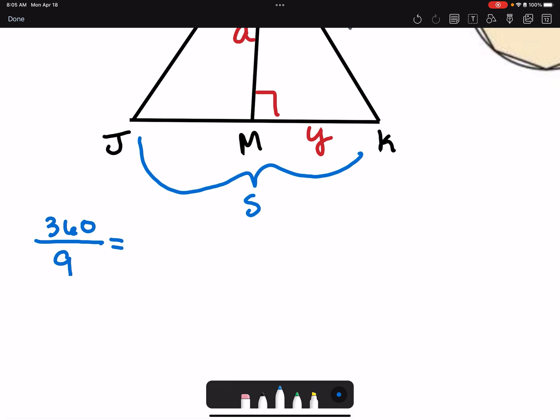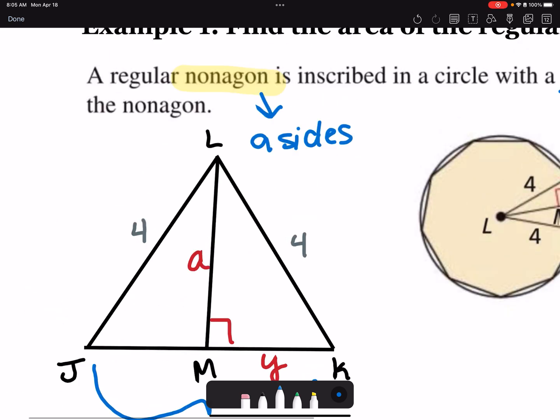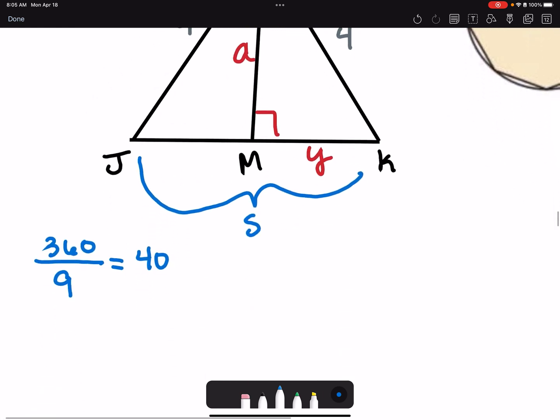These are all congruent central angles. And that gives me a total of 40. So I already know that the entire angle L is 40. So if I want to figure out this little sliver, it's going to be 20 degrees because I'm wanting to cut 40 in half. So that's the first step here.